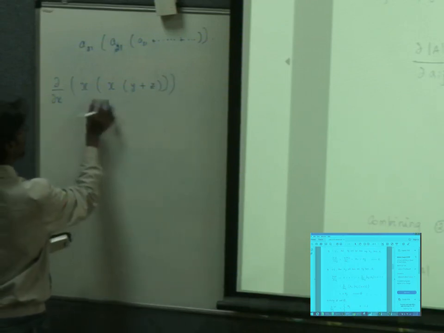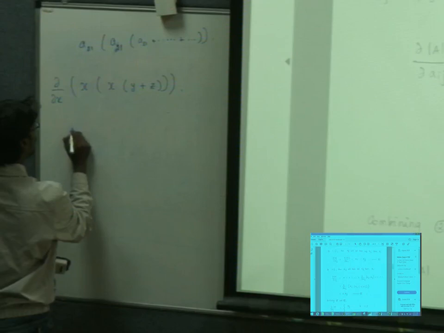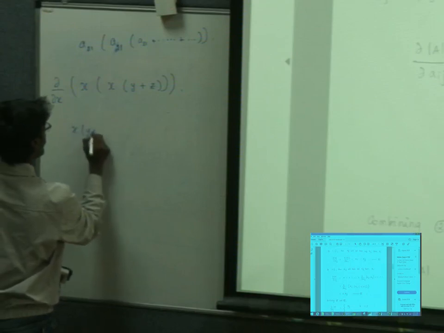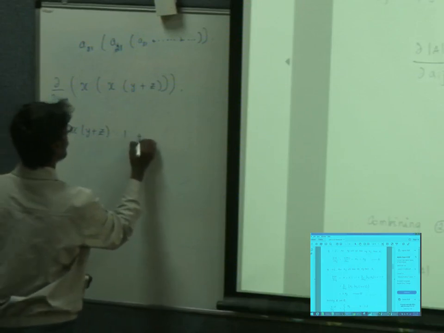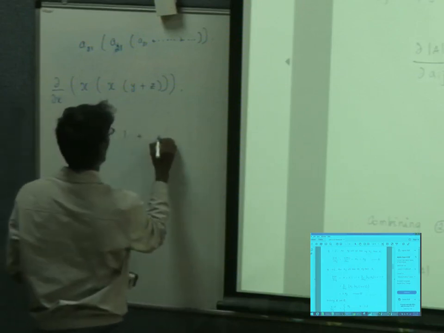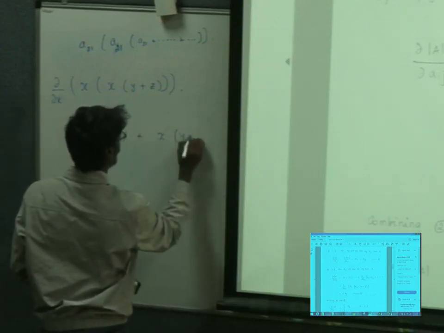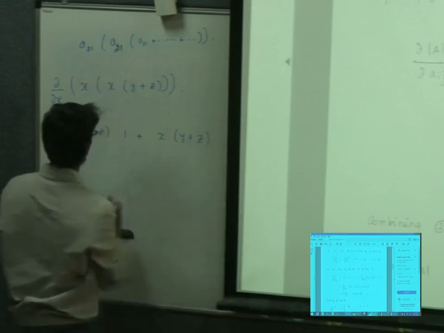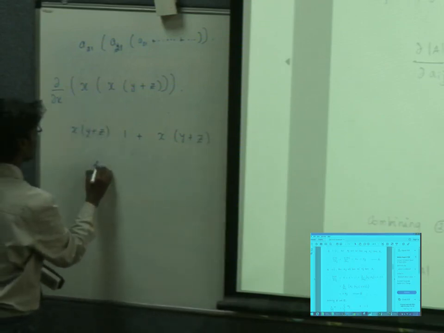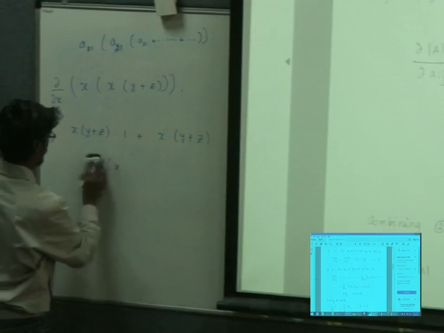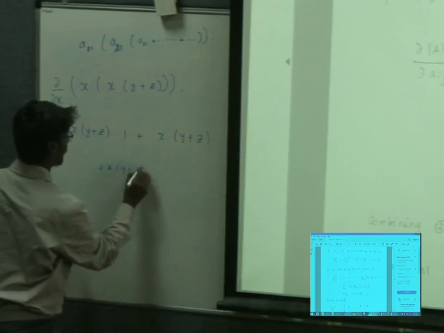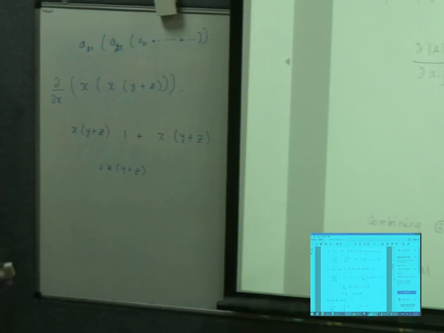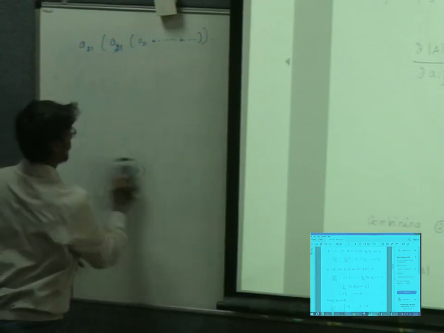You can apply the chain rule here: x into y plus z into 1 plus x into y plus z, which is nothing but 2x into y plus z. So what will you have here?